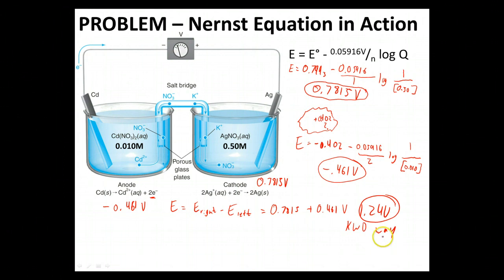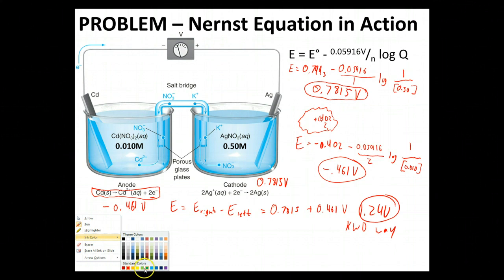What if we do it the other way that isn't being shown in our textbook and isn't being shown in our videos? What if we had reversed this reaction and ended up with a plus sign? So let's go ahead and use a different ink just so we don't confuse these two things. So in that case, we would have ended up with positive 0.461 volts for reversed.